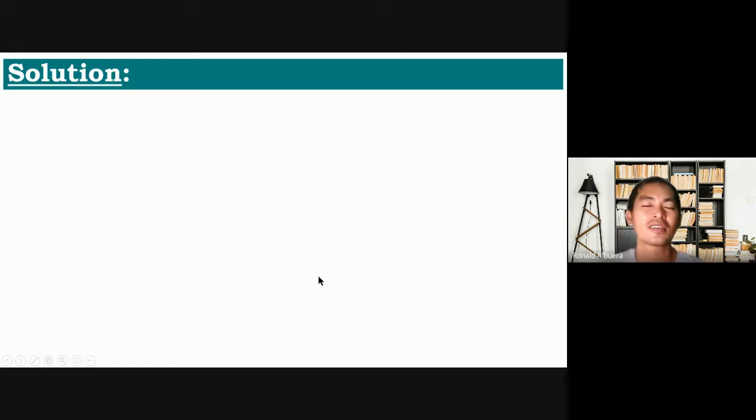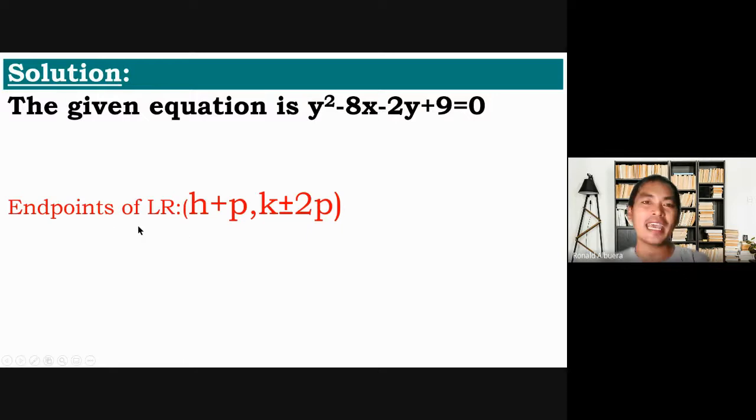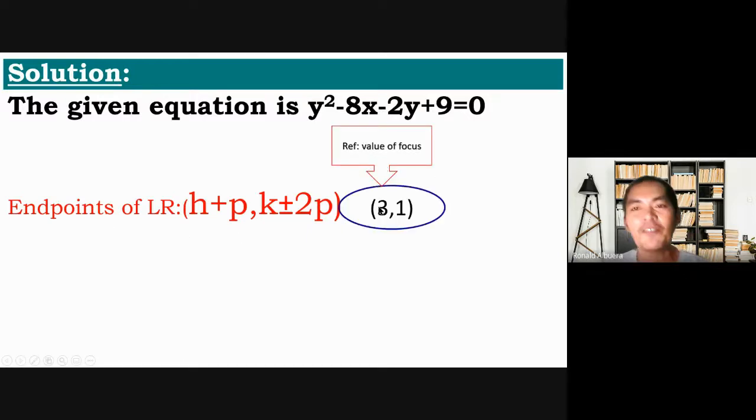Okay. Meron pa. Endpoints of LR. Okay. Our reference here are value of the focus. This is the value of the focus. Kukopyahin mo lang yung x value, which is 3. And the p value is 2. Dudublehin mo or times 2, which it became 4. Yun ang idadagdag sa y value.